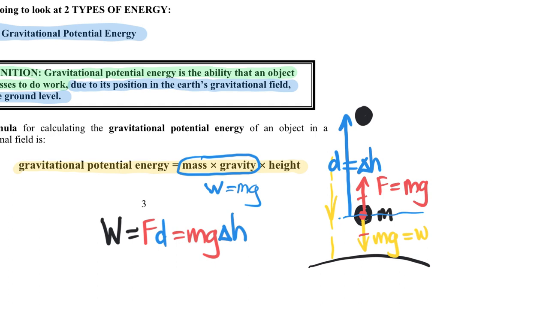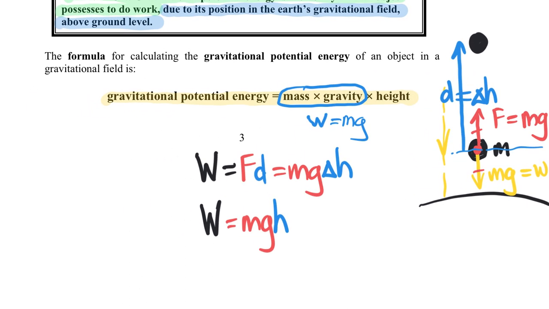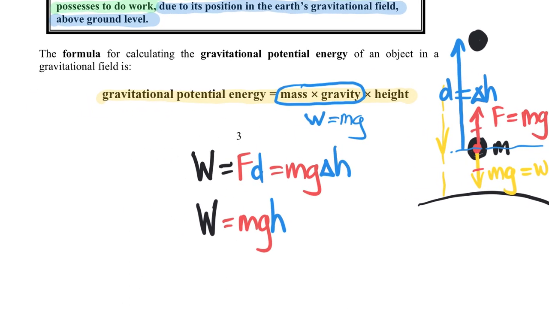We would get that W, capital W, which is the work done, equals mg times h. And so this is the formula that we are going to use for potential energy, because the work that's being transferred to the mass is being transferred into the form of potential energy.